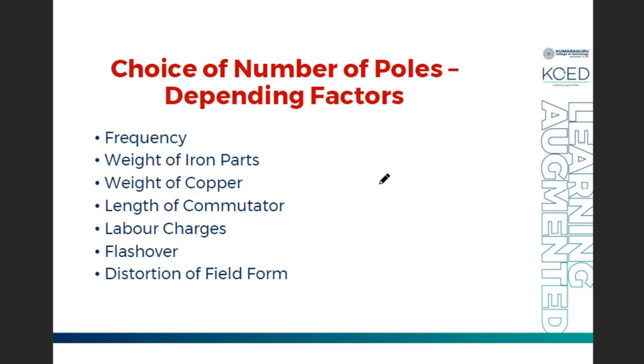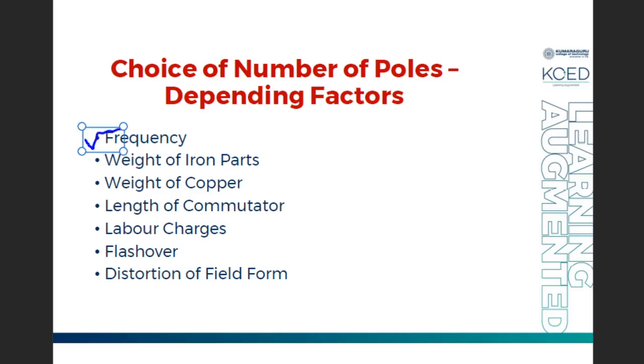So in case of designing a DC machine, when you are about to find out the number of poles, you have to keep in mind all these factors in such a way that the machine efficiency should not get affected in any form. So let us discuss what each of these depending factors tells us in the choice of number of poles. The first one is frequency.